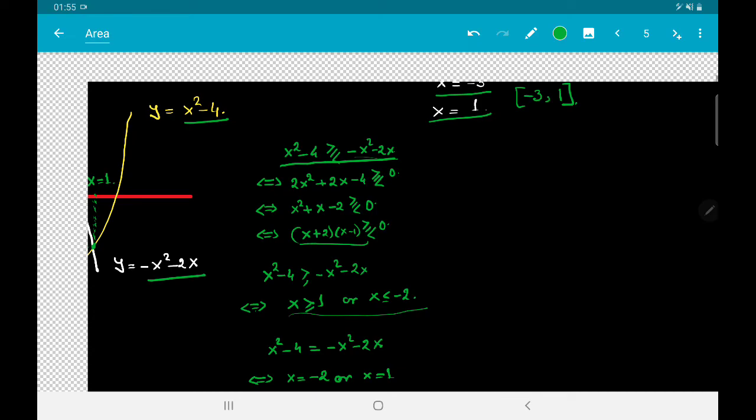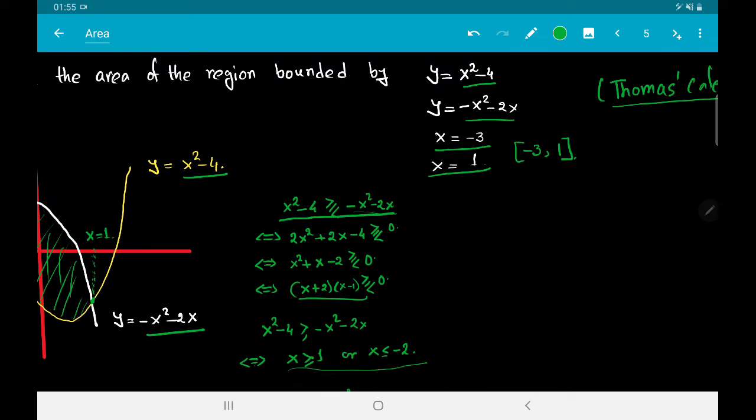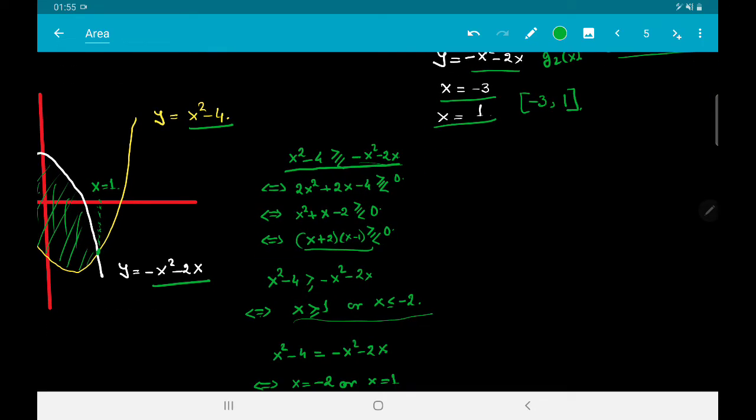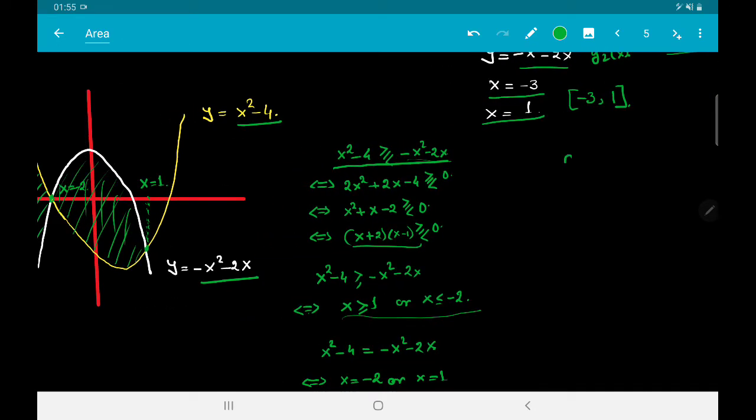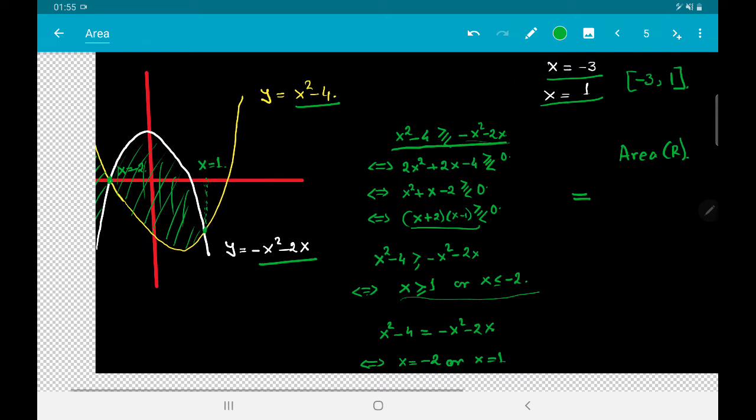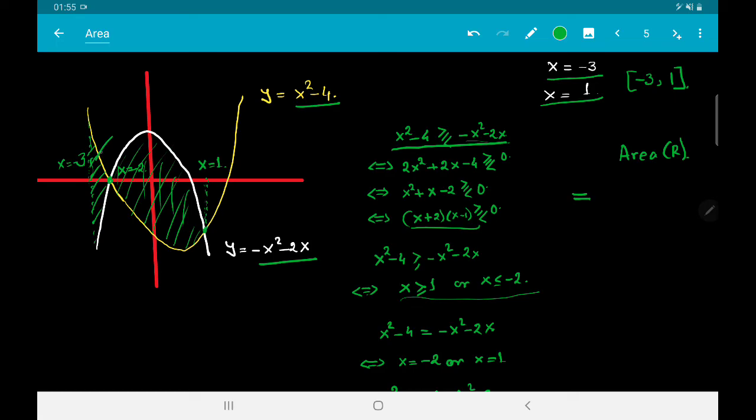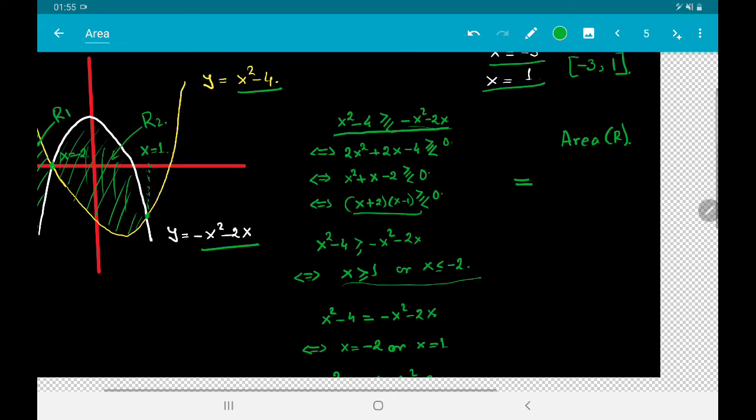So let me first try to give names to these functions. Let me call the first function g1(x), and the second g2(x). If we are going to find the area of the region R, then we need to find the area of this region R1, and of course this region R2.